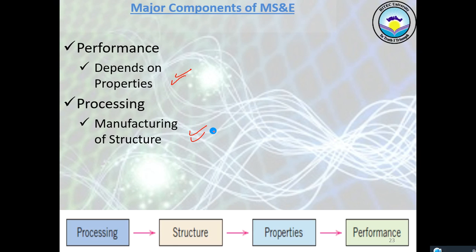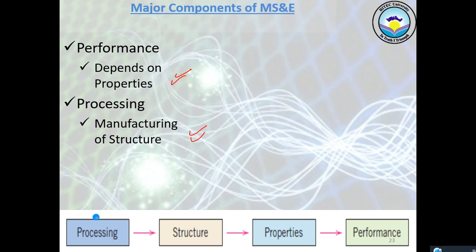For example, what was the temperature material was heated up to, what was the cooling rate, what were the environmental conditions, was there any addition of other materials, alloy composition, or are we just going for pure metals, or if it is a pure metal, what will be the effect of adding impurities within it, how the thermal conductivity, magnetic, electrical, physical, mechanical properties will be affected. So all of them depend upon it.